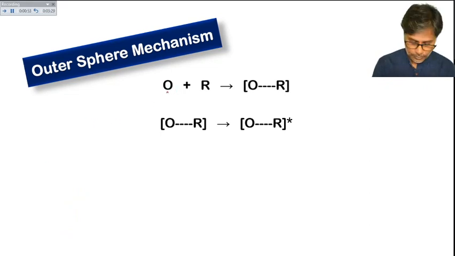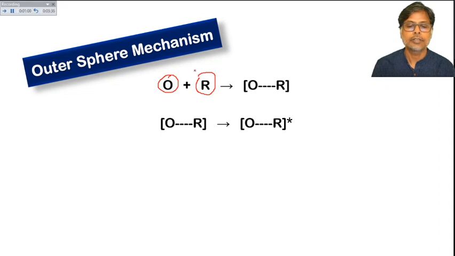Here, this is the oxidant and this is the reductant, and they come closer and form a precursor complex. This is called a precursor complex.